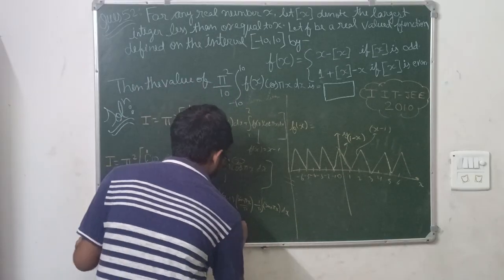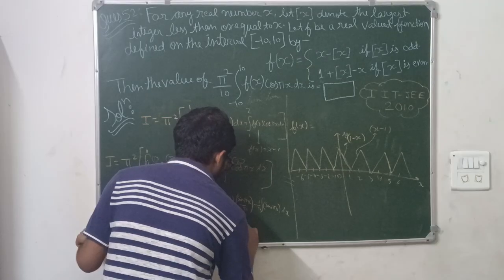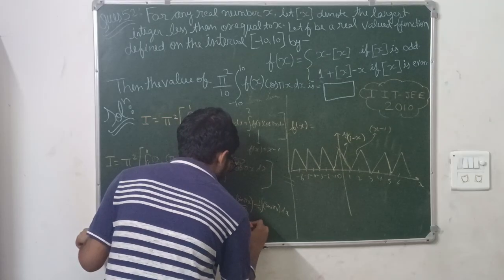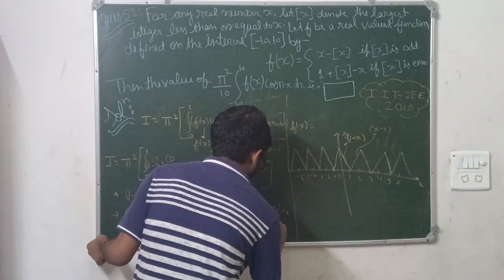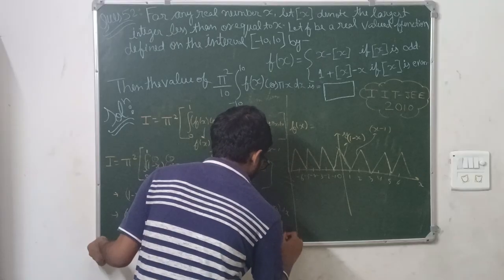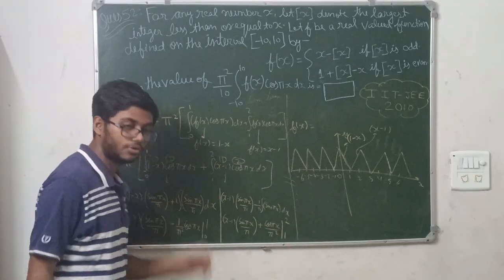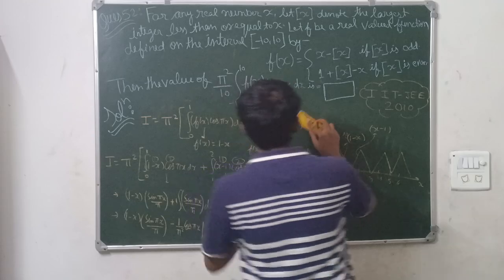So (x minus 1) sin pi x by pi, and minus minus plus cos pi x by pi squared, from 1 to 2. Just solve this integration, your answer would be here.